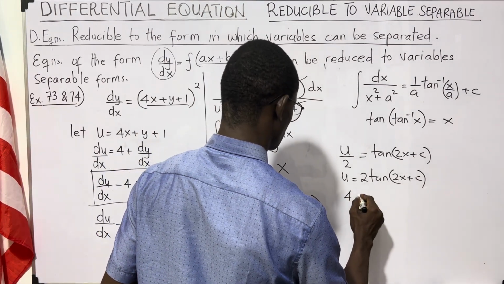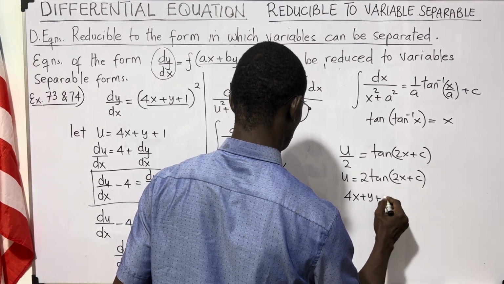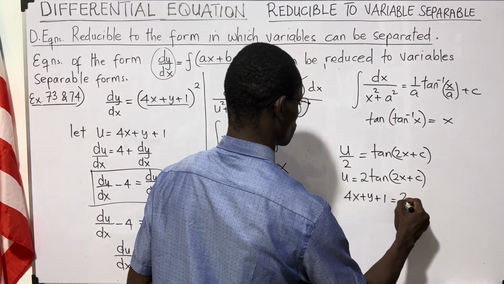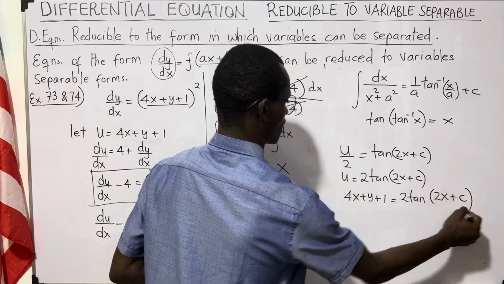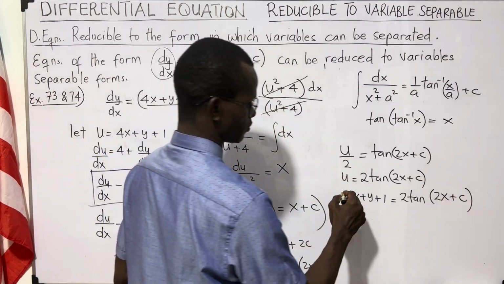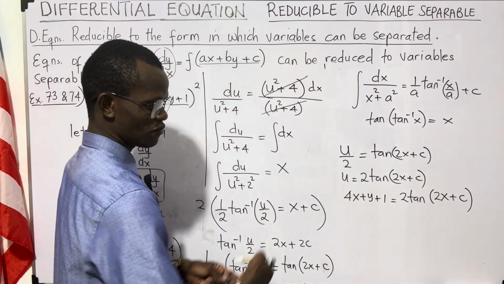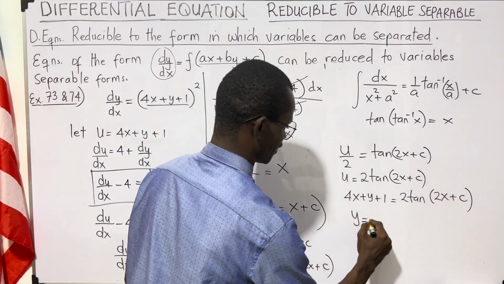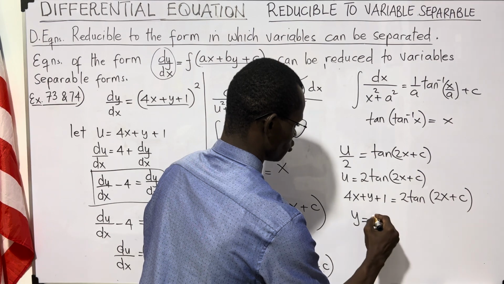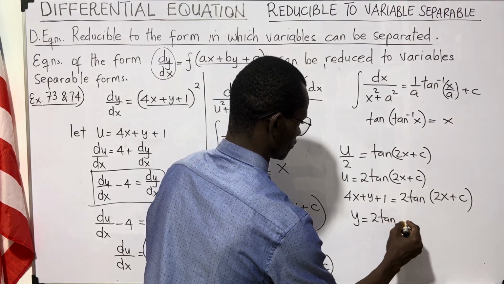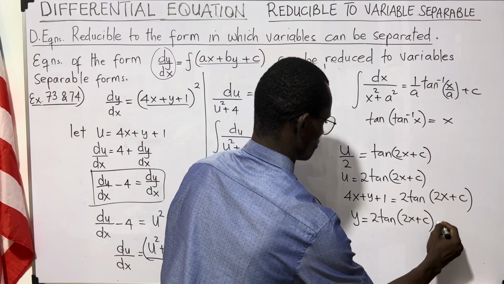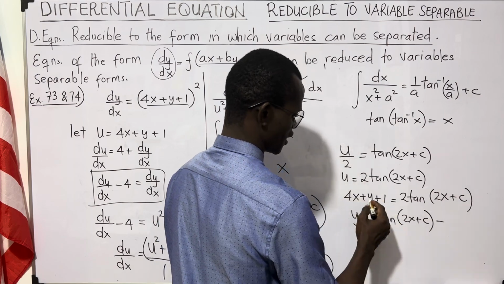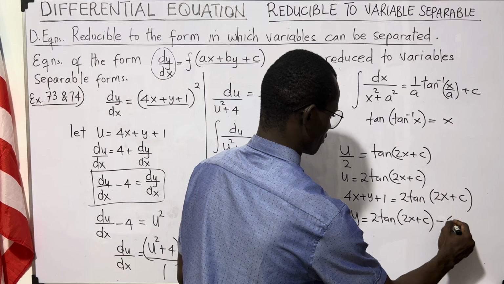So 4x plus y plus 1 is equal to 2 tangent of 2x plus some arbitrary constant c. So there's our general answer. If we like, we can solve for y by saying 2 tangent of 2x plus c minus, we send this 4x across, minus 4x.